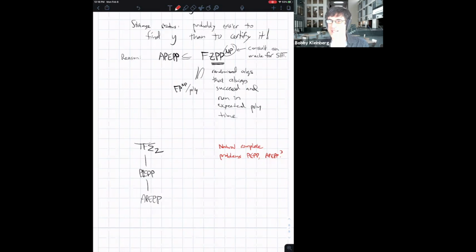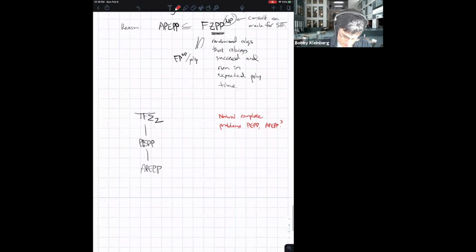It's definitely not obvious that it's complete. I would actually be surprised if that were a complete problem for APEPP, but we would like eventually to discover a complete problem for one or both of these classes that has that combinatorial character, that the input is not a description of a computation, but a description of an actual mathematical object that one would like to construct absent the computational context.